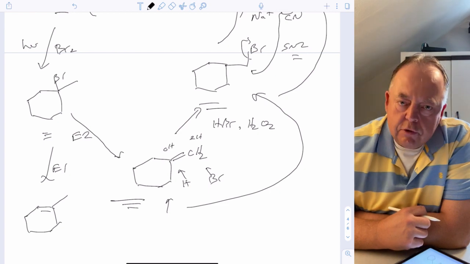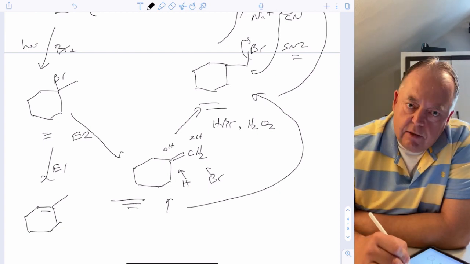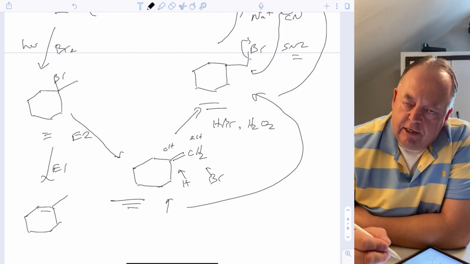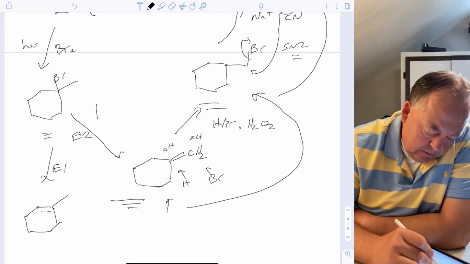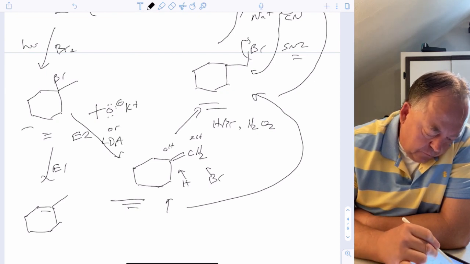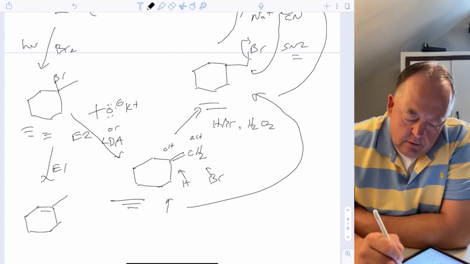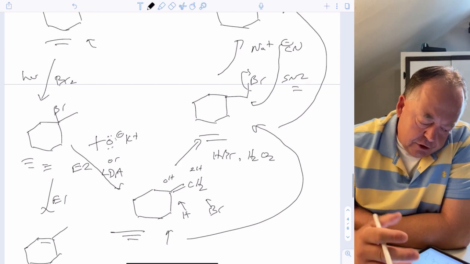Because it always makes the most substituted alkene. So you need to do E2, and you need to make the least substituted alkene, which means you need to have a bulky base. Right, so if we had this tertiary alkyl halide, we can make this least substituted alkene. So there's your synthesis.